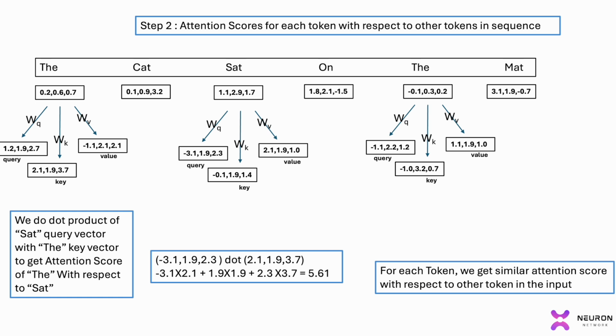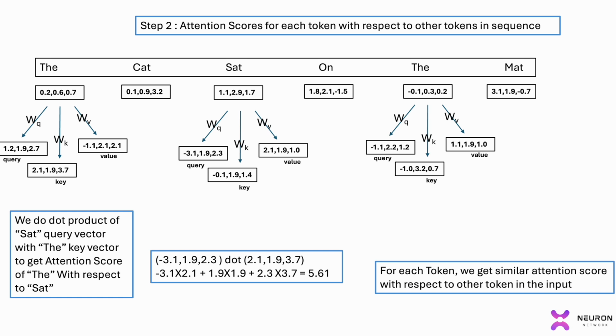And similarly, we'll do it for each other token. So for one example, we take -3.1, 1.9, 2.3 and do a dot product with 2.1, 1.9 and 3.7. Dot product, we know, is element-wise multiplication and then addition. So we did the element-wise multiplication here and then the addition, and we came to 5.61. All well and good. So similarly, we'll create this for each.